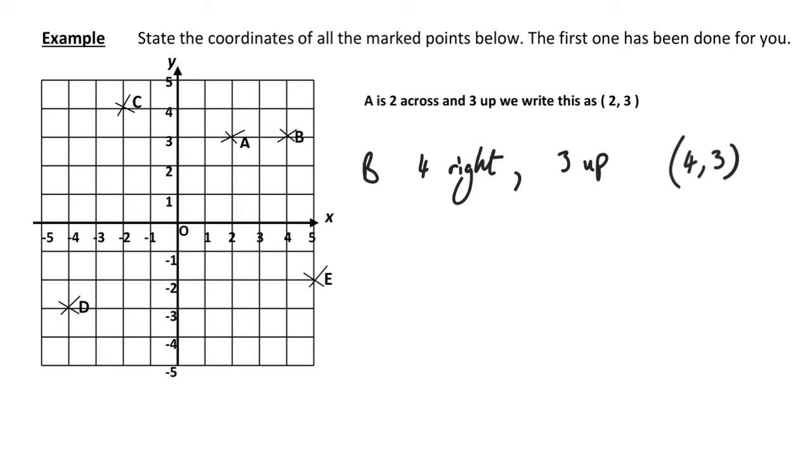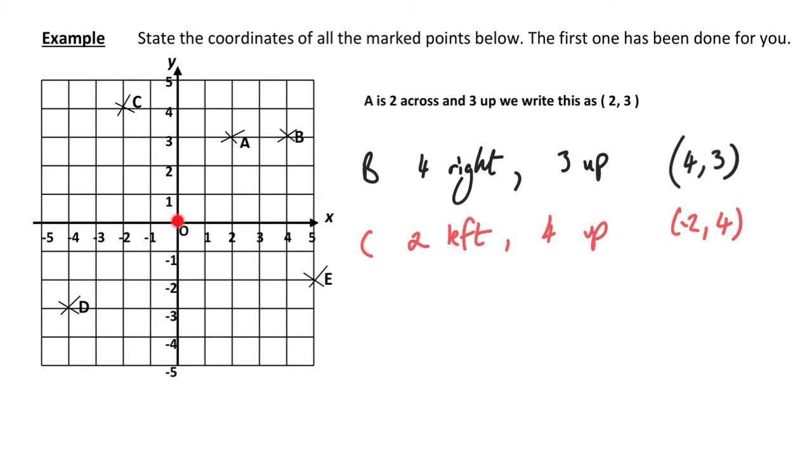C, we go left 2 and up 4. So it's 2 left and 4 up. And we can see that whenever we go to the left from the origin, it goes to negative numbers. So this is going to be (-2, 4).